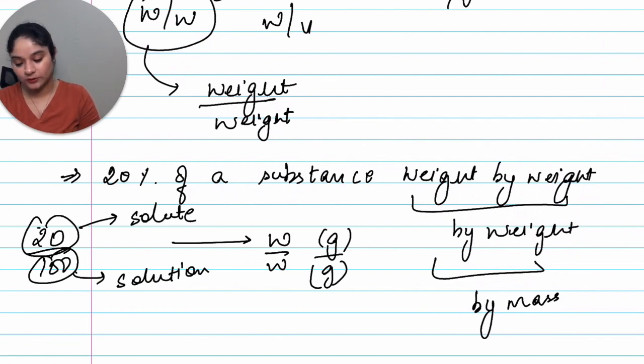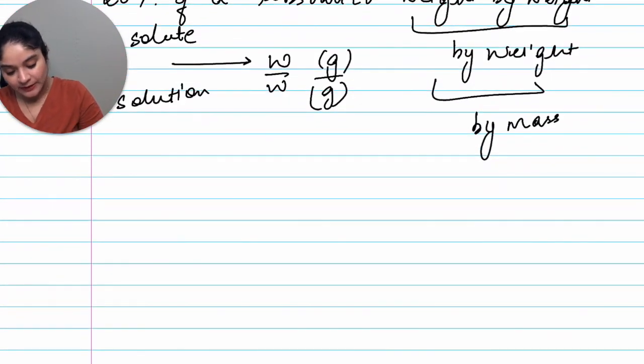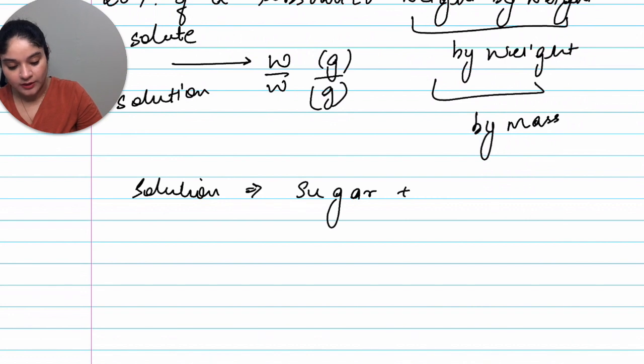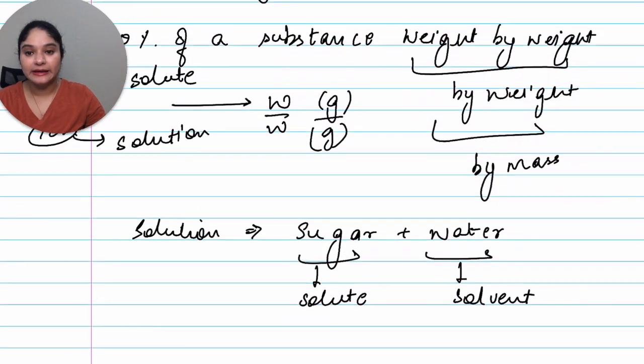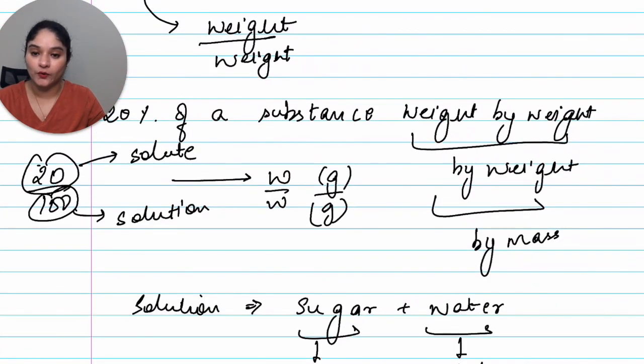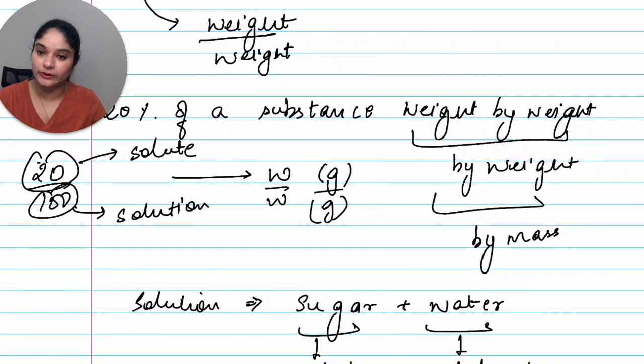Now let's move on. For example, if I say I have a solution which has sugar plus water. So this is your solute and this is your solvent. Correct? So when I say I have 20 grams of solute, 100 grams of solution, can I find out the solvent quantity from that?